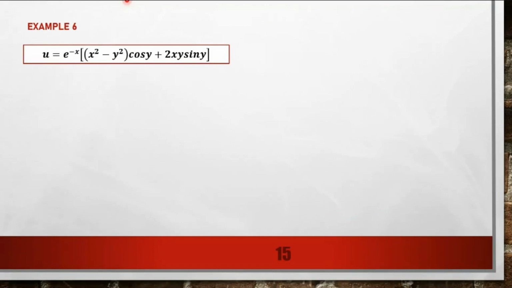U is equal to e raised to minus x into x square minus y square into cos y plus 2xy sin y. Same as the fourth problem, slight difference in the function. Method same रहेगा. e raised to minus x को हमें एक फंक्शन लेना है, ब्रैकेट टर्म को दूसरा फंक्शन लेना है. Apply u into v and calculate ux and uy.